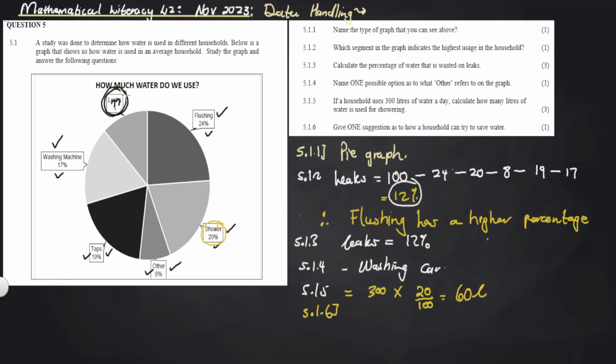So leaks are accounting for a large percentage. 12% is quite a lot. So we can try maybe fixing leaks. To save water by fixing leaks. Now the question 5 doesn't end here.